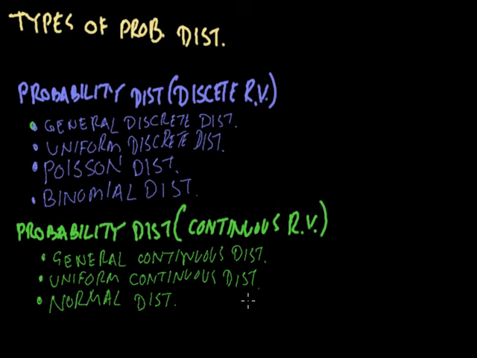Now the first question that comes to mind, why do we need to have so many different types of distribution while we're talking about distribution? Why not have just one distribution for discrete random variable probability distribution and one for continuous random variable probability distribution? Now the question is, when we have to think about a tool, suppose a screwdriver, we have different types of screwdrivers for different purposes.